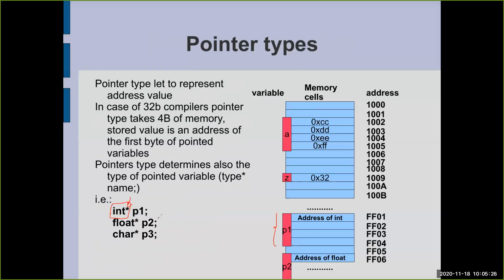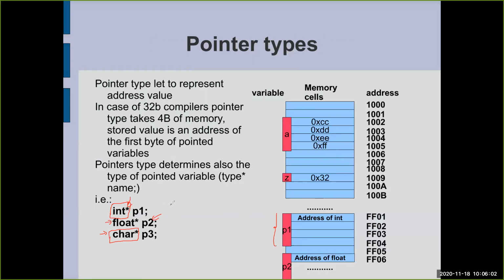Here we have float asterisk. So again, this is an address. So it takes 4 or 8 bytes, but it is dedicated to storing the address of a float variable. And here we have char asterisk. It again takes 4 or 8 bytes, and it is dedicated for storing the address of a character.